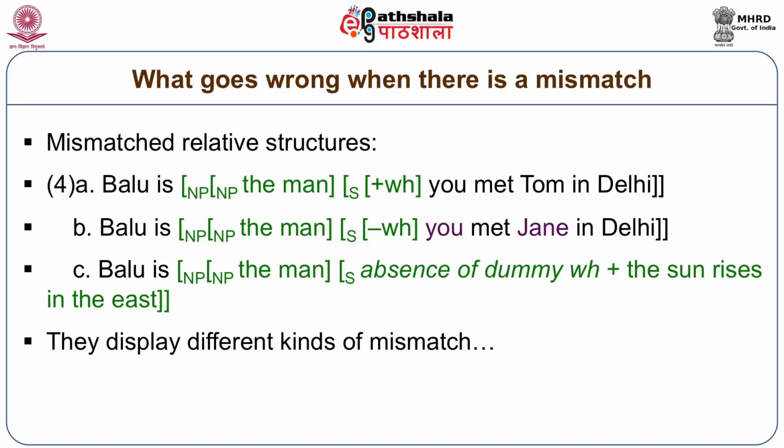Furthermore, and much more damagingly than that technical problem, there is a substantive problem, which is that the deep structure "Balu is the man you met Jane in Delhi" does not correspond to a possible surface structure. Human languages don't permit such sentences. There is nothing a language can do with the deep structure "Balu is the man minus WH, you met Jane in Delhi." The two sentences cannot be connected to form a coherent larger sentence.